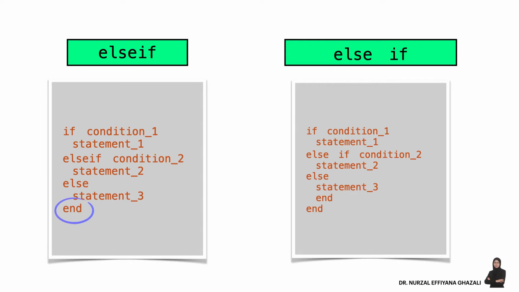But if you write else if with a space between else and if, you need to have an end for each else if, since it is a nested if. Here you can see that this end is to end this else if, and this end is to end the if condition. So you have two ways to write the else if in MATLAB.